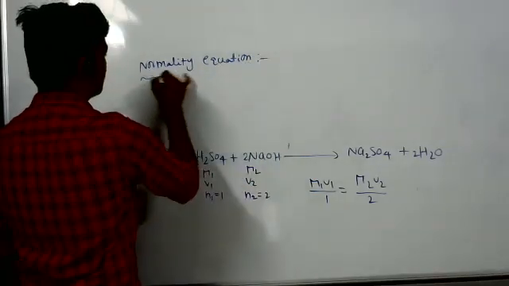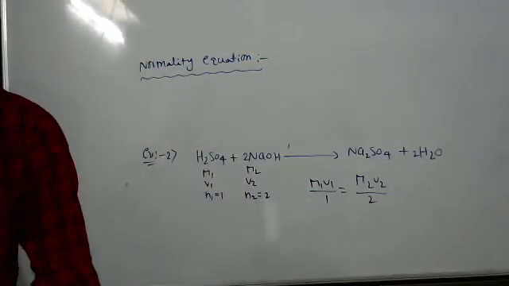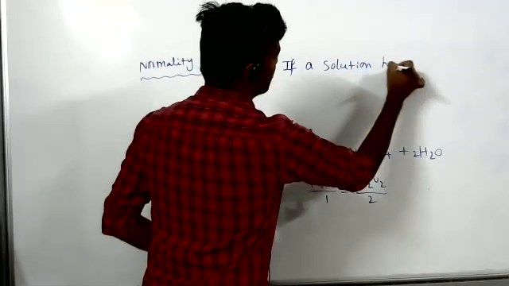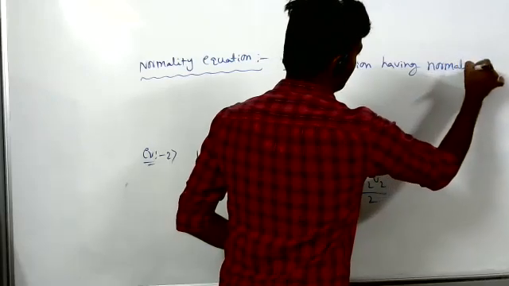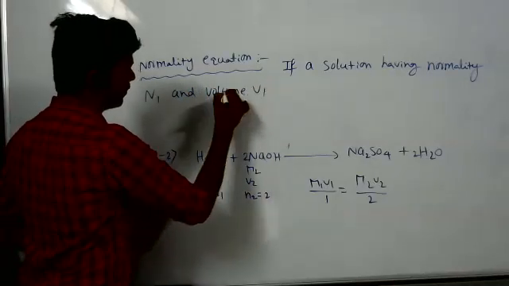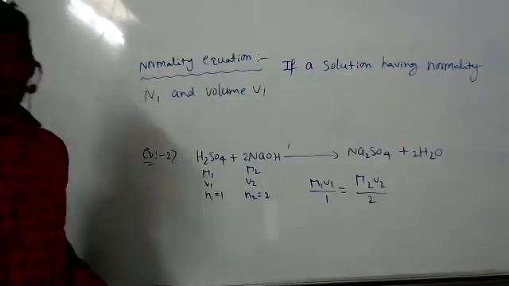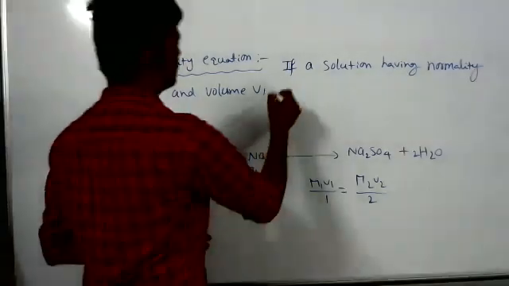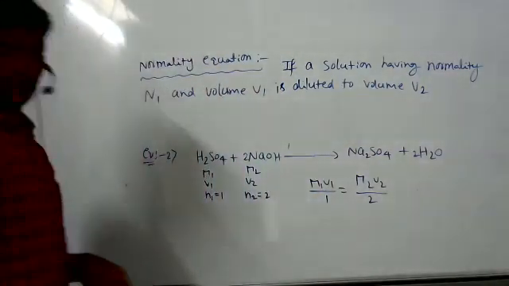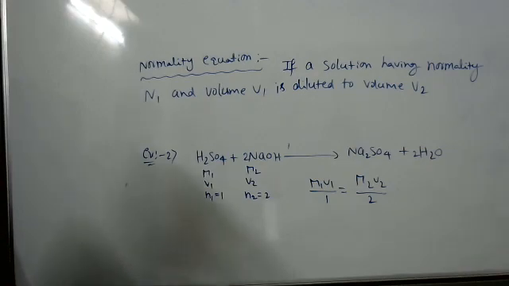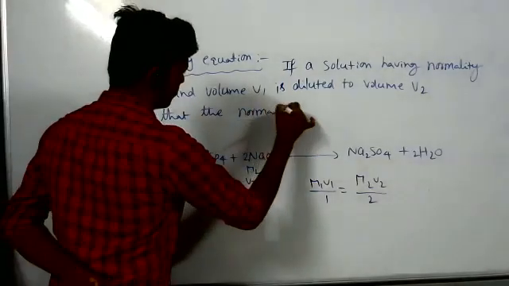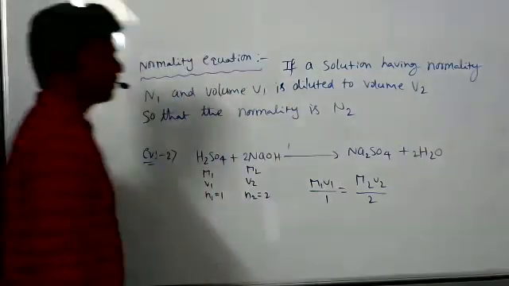If a solution having normality N1 and volume V1 is diluted to volume V2, so that the new normality is N2, the relation is N1 V1 equals N2 V2.